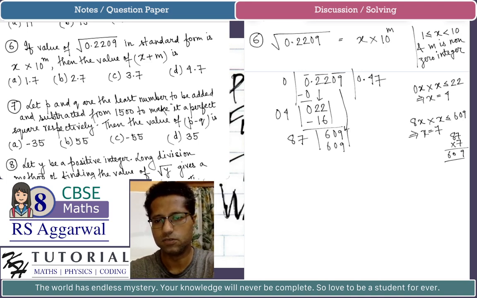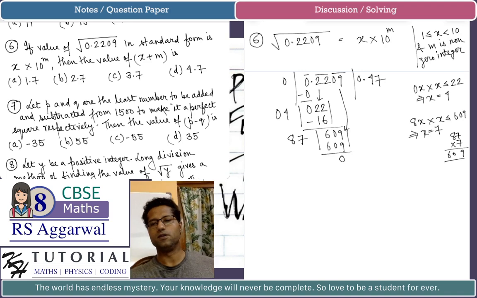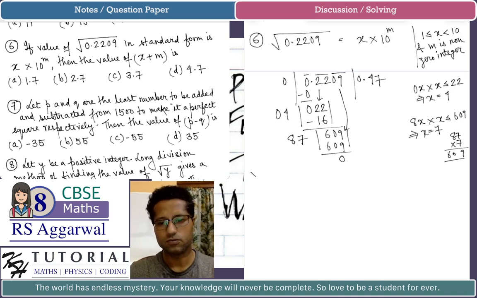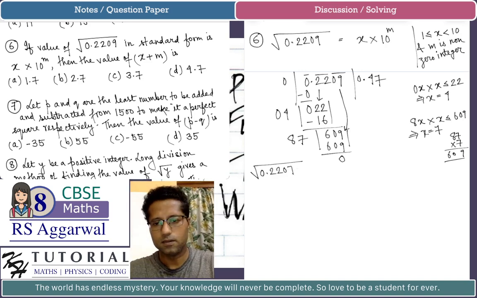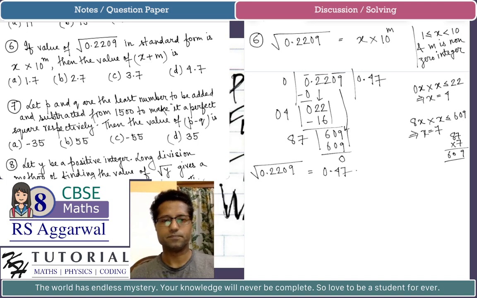We have 0 remainder and there are no more periods left. So we have the square root of 0.2209 is equal to 0.47. Now we have to convert this into standard form.